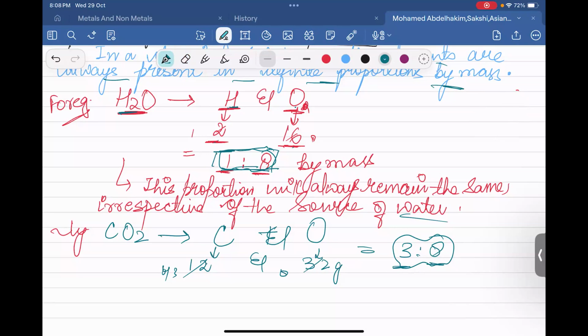Ma'am, can you read the second sentence? This proportion will always remain the same, irrespective of the source of water. Write neat and clean in your notes.